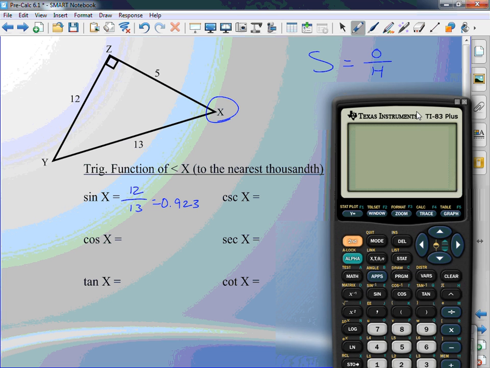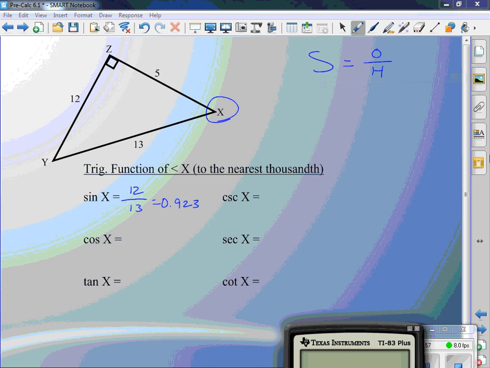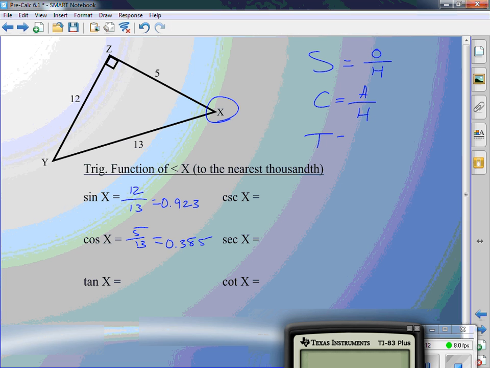The cosine of x. Cosine is adjacent over hypotenuse. So it's 5 over 13. 0.385. Tangent is opposite over adjacent.